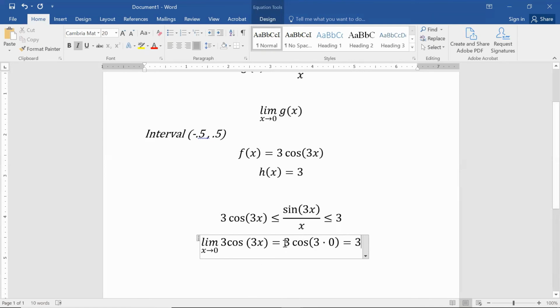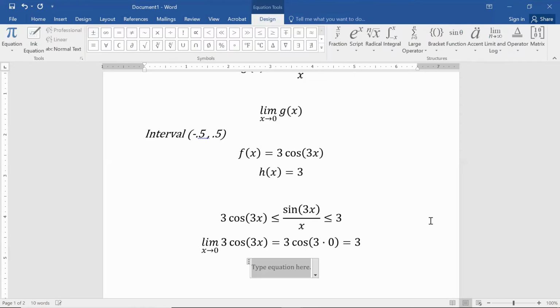Well, same thing about my other function. We have a limit of a constant number, and therefore we learned earlier that anytime we have a limit of a constant number, we get that constant number back. And therefore limit of 3 is 3. So notice that the underneath function has limit 3 as x goes to 0. The above function has limit 3 as x goes to 0.